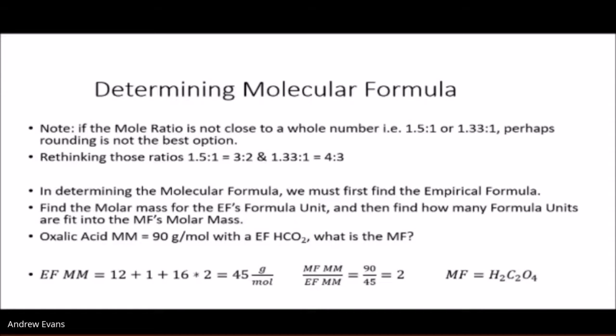So a molar mass of 90 is evenly divisible by 45 two times. So that means there are 2 fragments of the empirical formula in that molecular formula. If there's 2 fragments, that means we'd have to double the empirical formula.